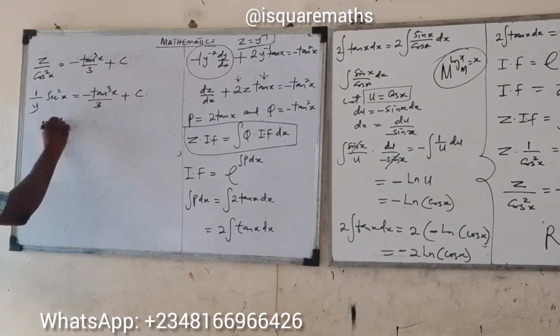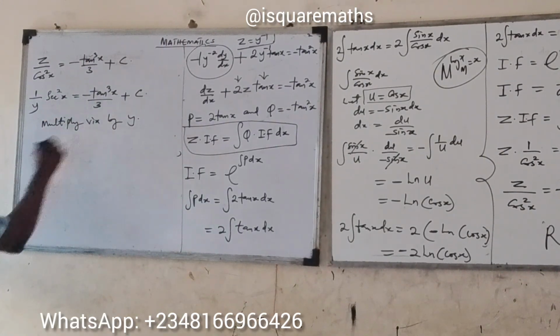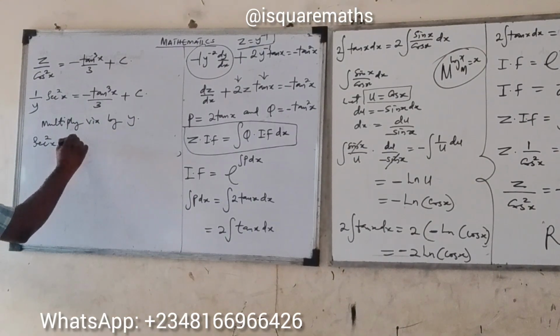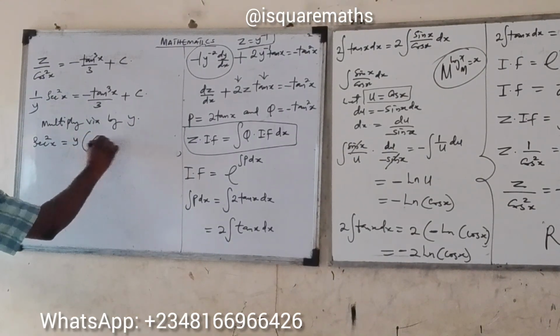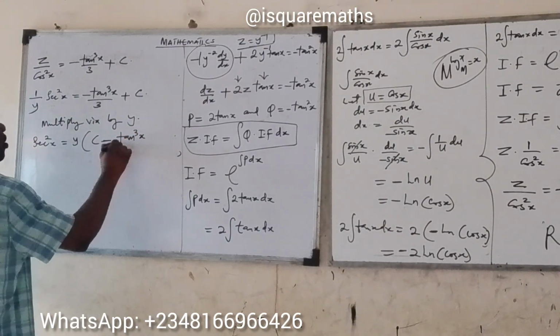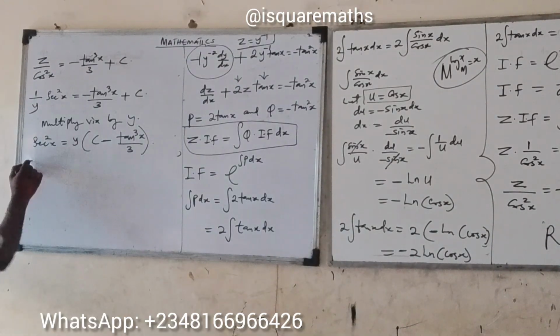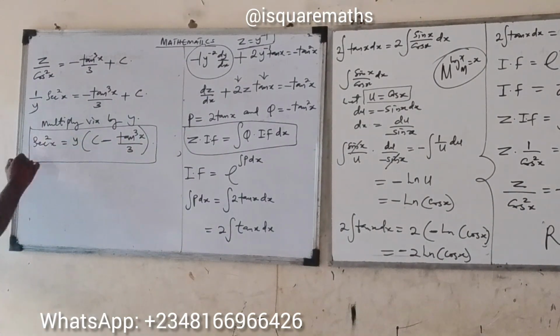Yes, let's multiply through by y. So it means sec squared x will be equal to y in bracket c minus tan cube x all over 3. Yes, so we can express the value in this form. And remember, I said there are other ways you can express this.